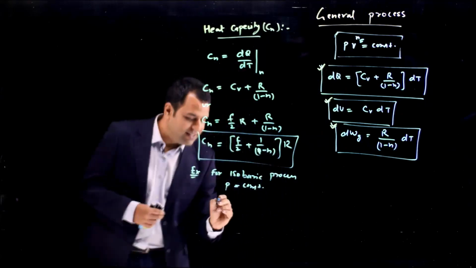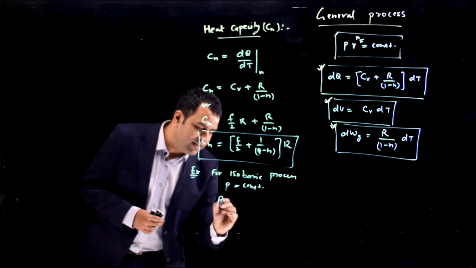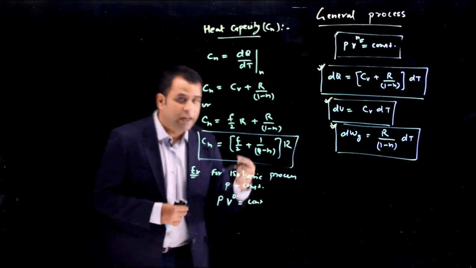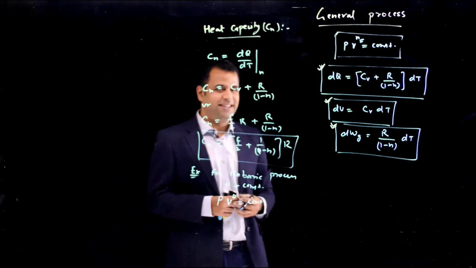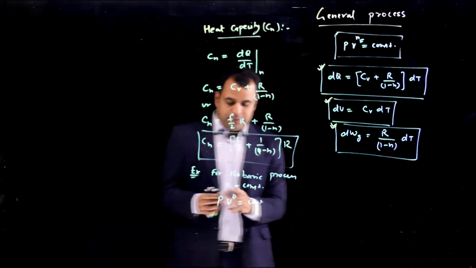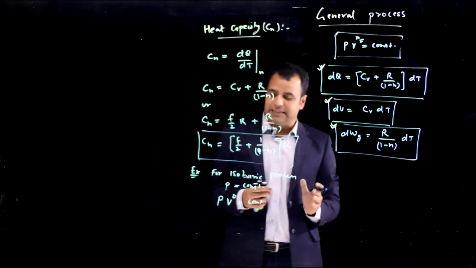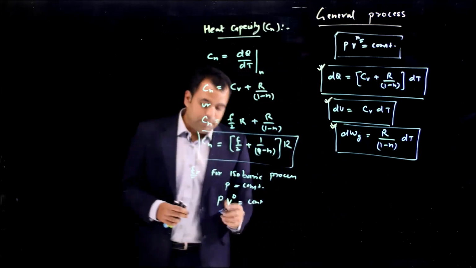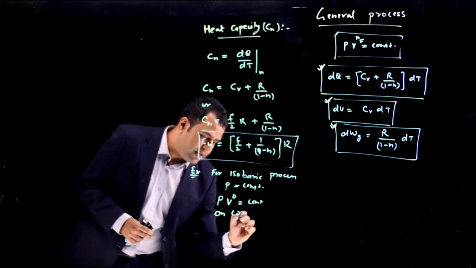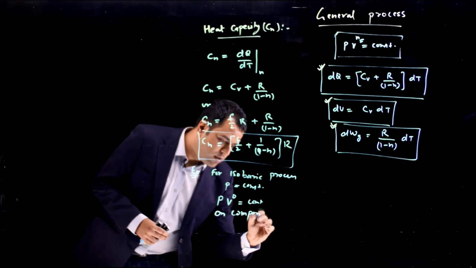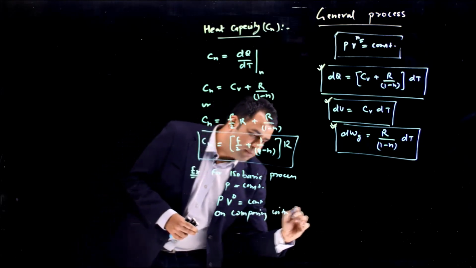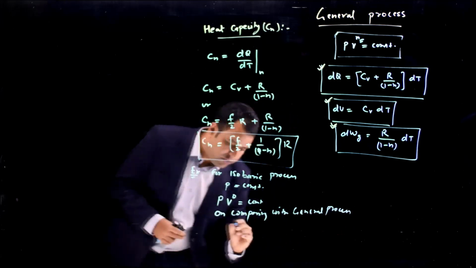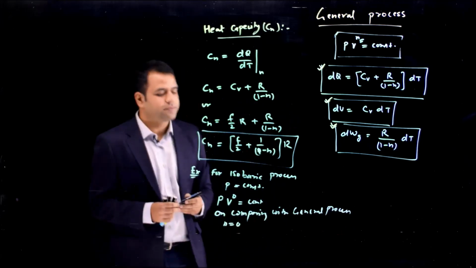So with a little bit of manipulation, we'll write P v to the power 0 is constant, because v to the power 0 becomes 1. So now P v to the power 0 is constant is an isobaric process. On comparing with the general process, the value of n will come out to be 0.